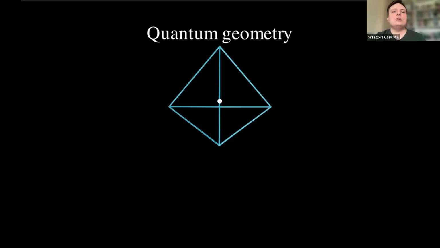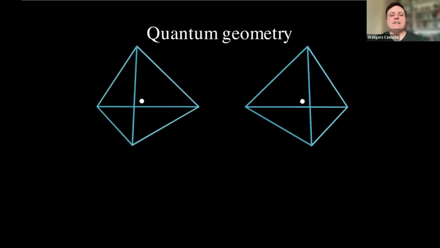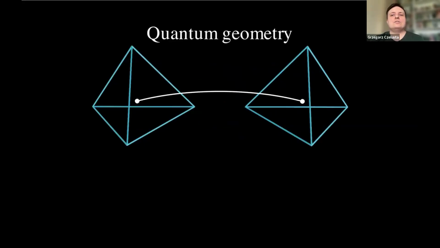So each node, each vertex of the spin network, carries a quantum of volume, and each link carries a quantum of area. And also, these links carrying areas tell us how the elementary chunks of volume are glued together in the spin network.